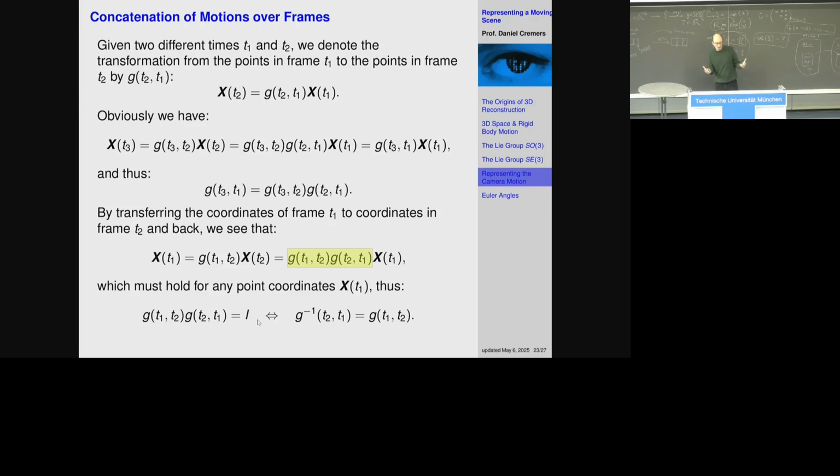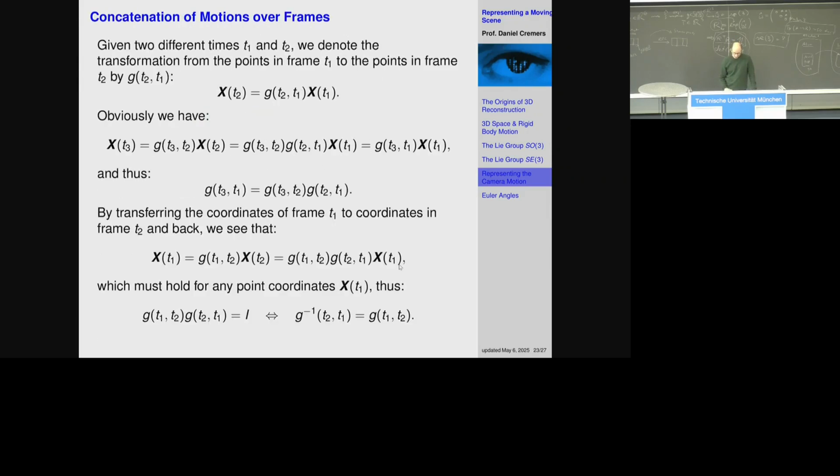This is almost trivial, right? The transformation from frame 1 to frame 2 should be the inverse of the transformation from frame 2 to frame 1, obviously. So g_t2,t1 inverse is g_t1,t2. There we have it.